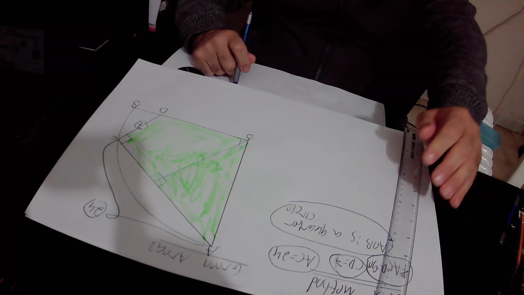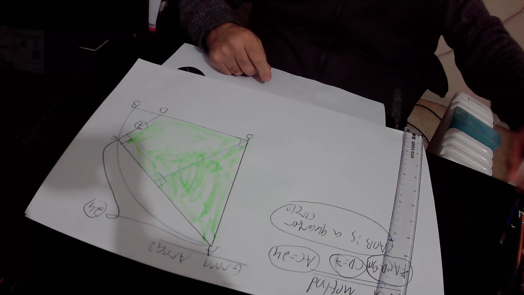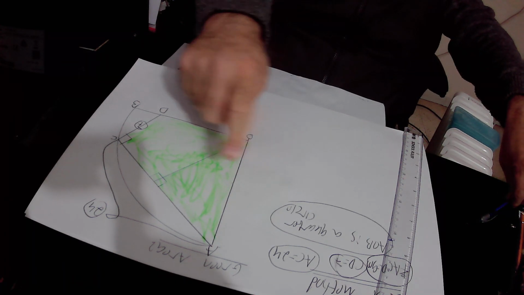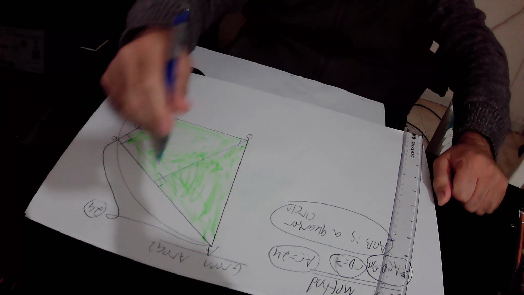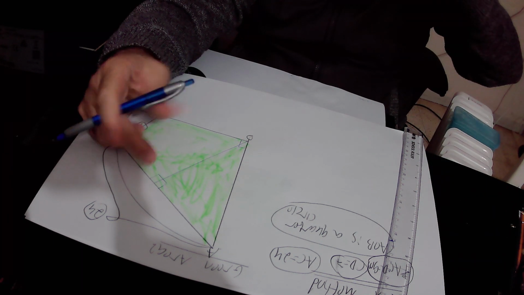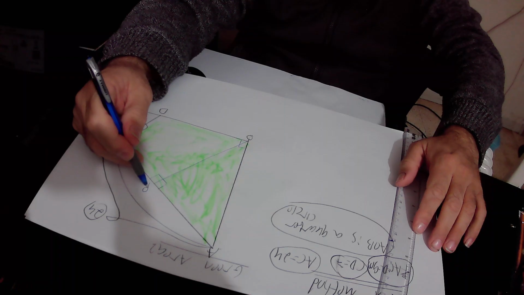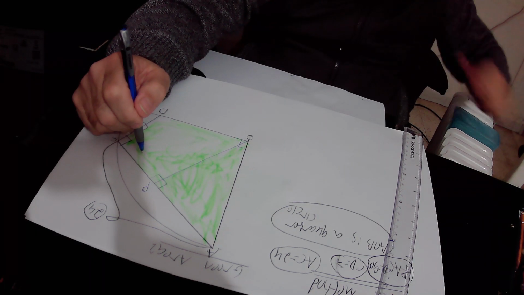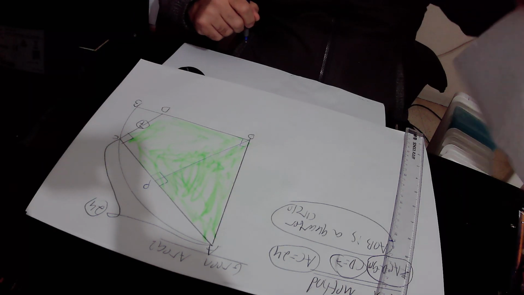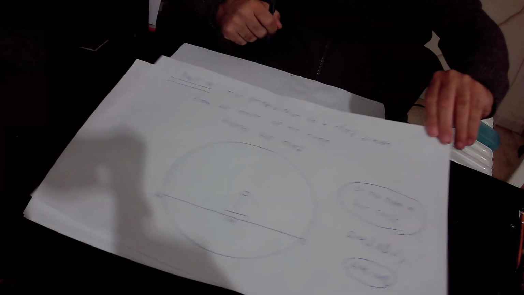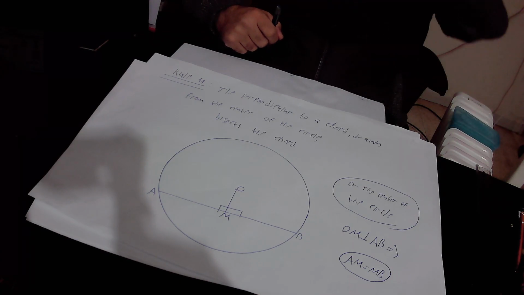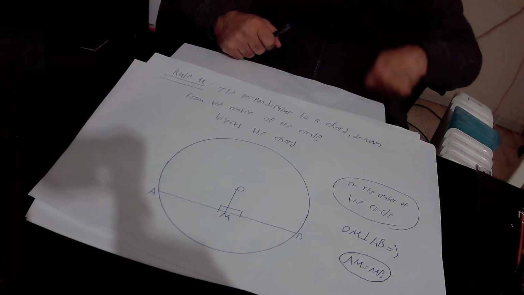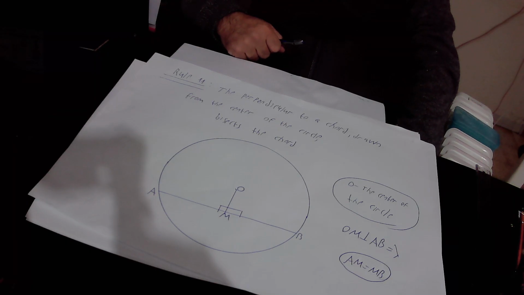We define the touching point of the perpendicular from point O and AC as P. So here we have rule number 11. According to rule number 11, the perpendicular to a chord drawn from the center of the circle bisects the chord.